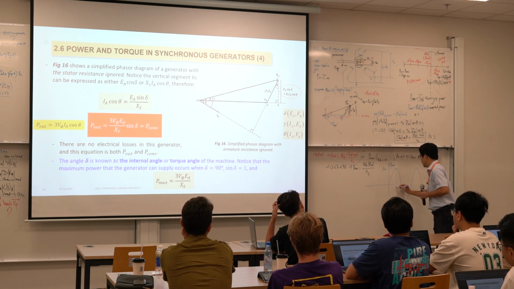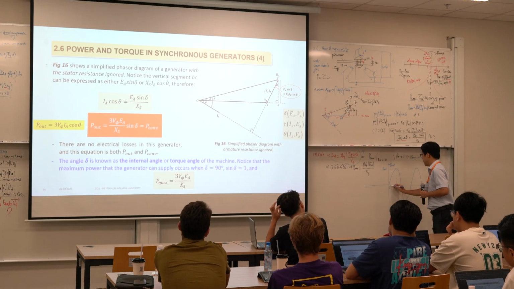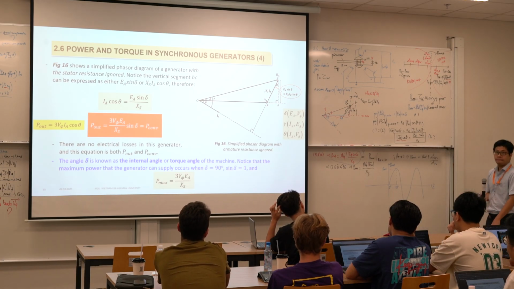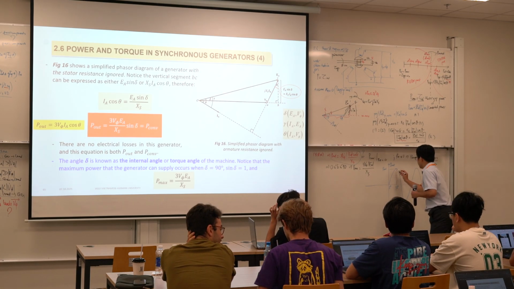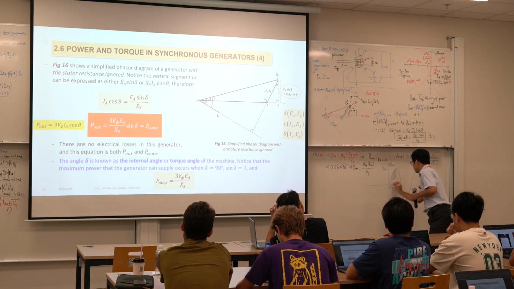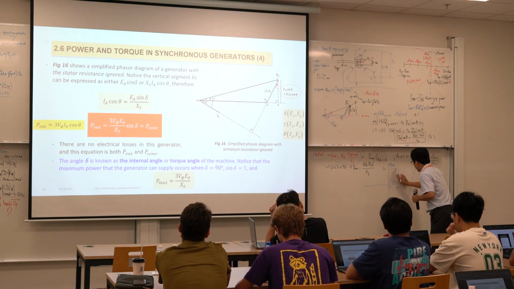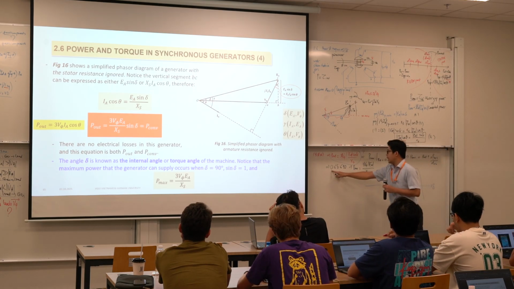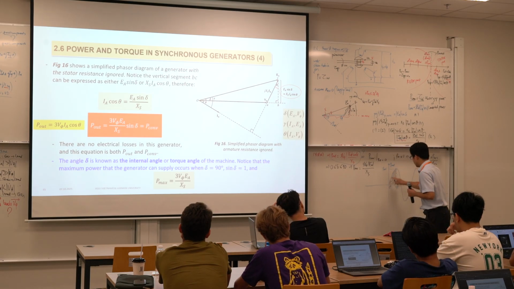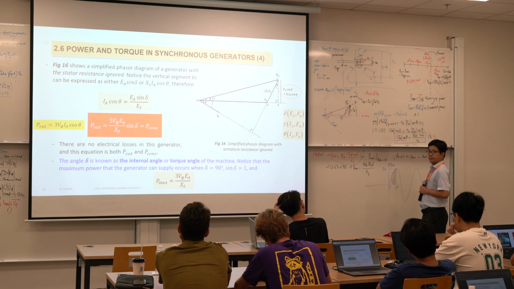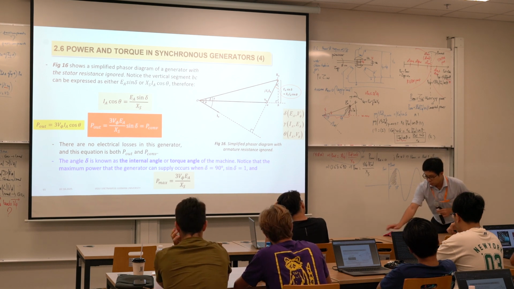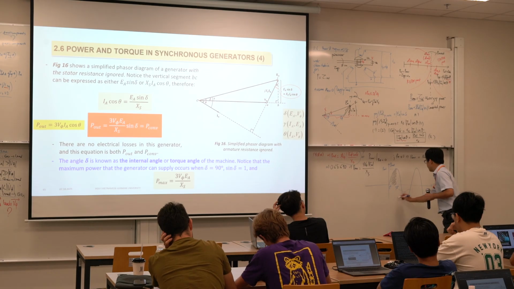This one is 90 degrees. This is 0 degree. So we only consider these regions. Maybe here is symmetric, but because delta is higher than 0 and less than 90 degrees, we only consider this one. We don't have this one.